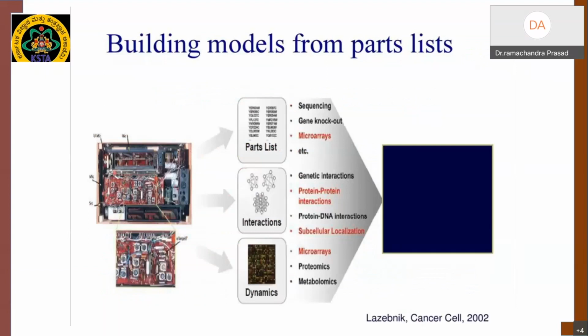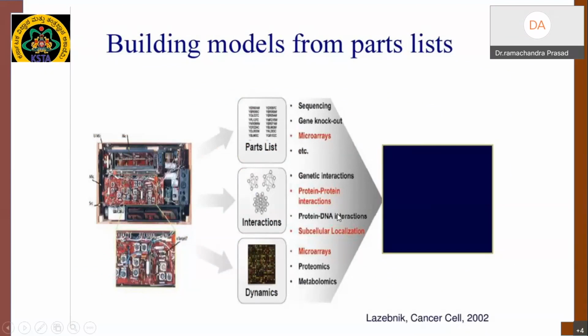So again, building models from the list, that is sequencing, gene knockout, microarrays, and genetic interactions, protein-protein interactions, protein-DNA interactions, subcellular localizations, microarrays, proteomics, metabolomics.